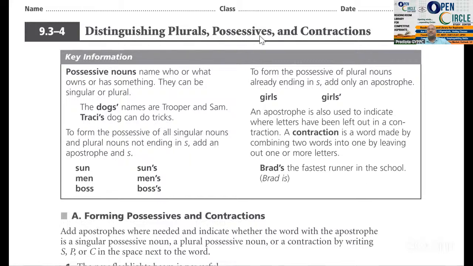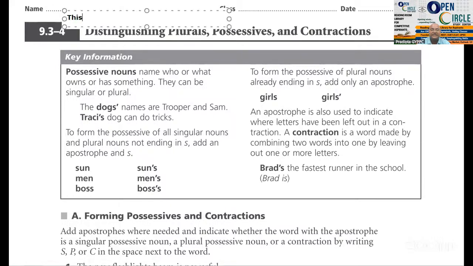Now, the distinction between plurals, possessives and contractions, ये भी आपको समझना है. Possessive is apostrophe s. Plural possessive means... Yes, apostrophe. ये कुत्ते का बेल्ट है, तो क्या होगा? Yes, dog. How do you write?